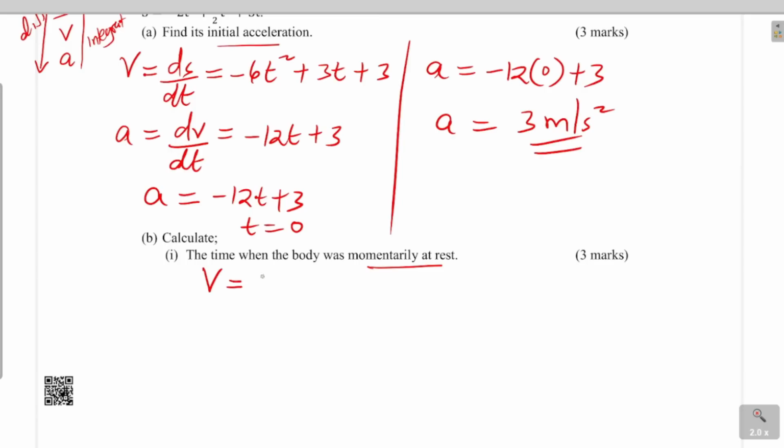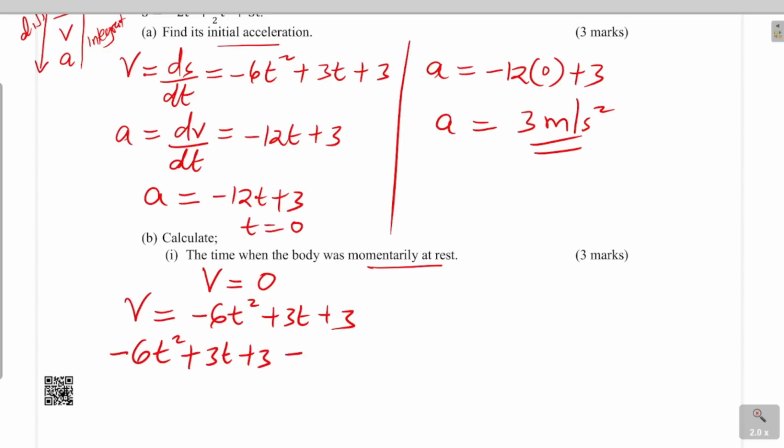So what you need to do is simply to get the expression for velocity, which you have already obtained, negative 6t squared plus 3t plus 3, and then equate it to 0. Velocity will be 0 when the particle is momentarily at rest.